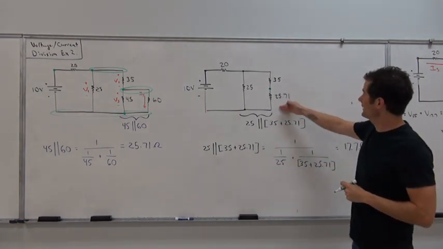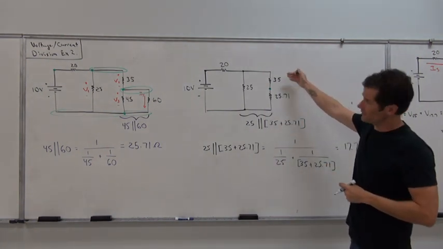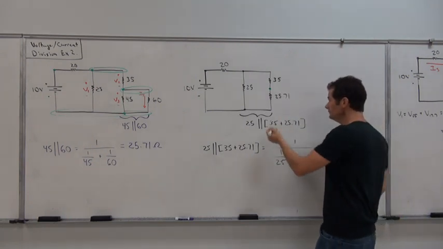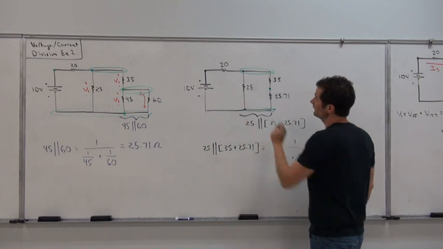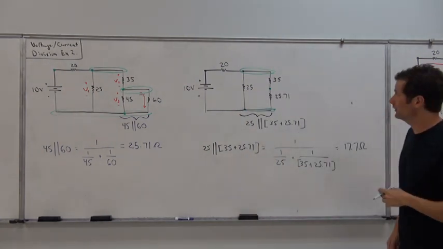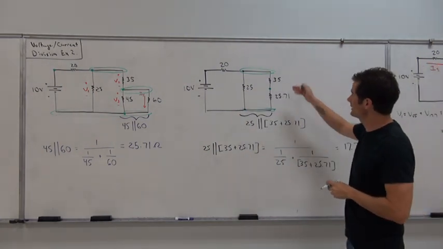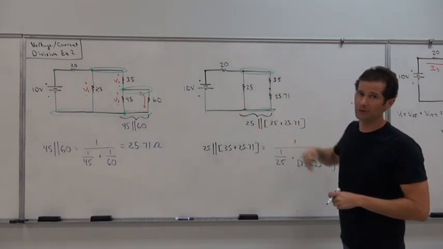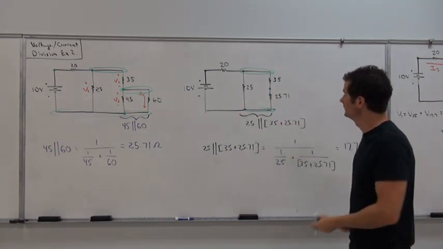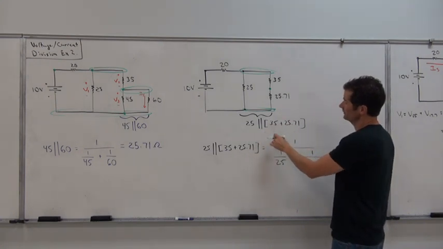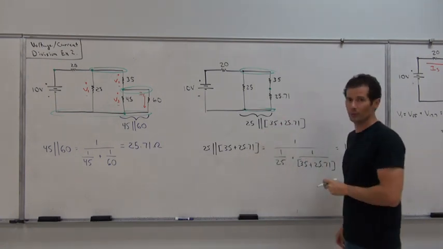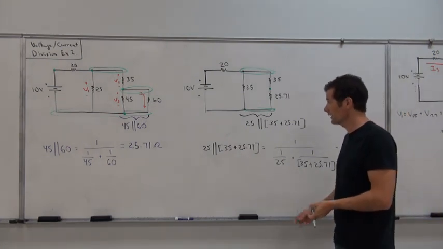And that series relationship also relates to the 25 ohm resistor in terms of being parallel. If we combine these two together, that equivalence will become parallel with the 25 ohm resistor. Sure enough, to continue breaking down the circuit, 25 is in parallel with the series relationship of 35 and 25.71, so we just combine those two together.